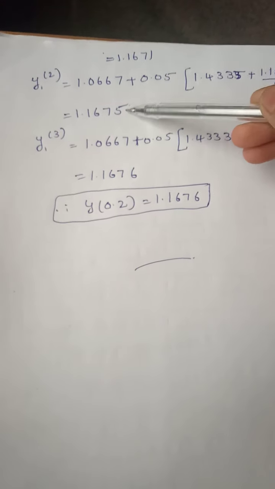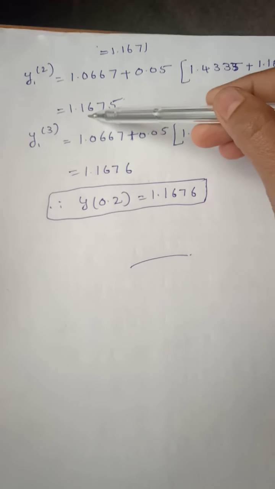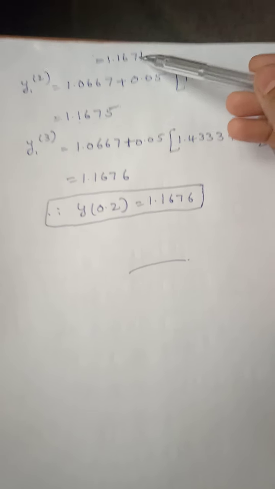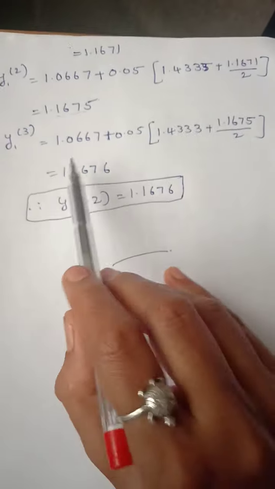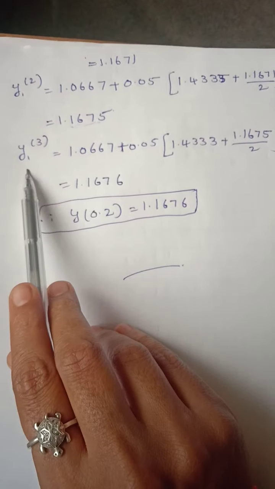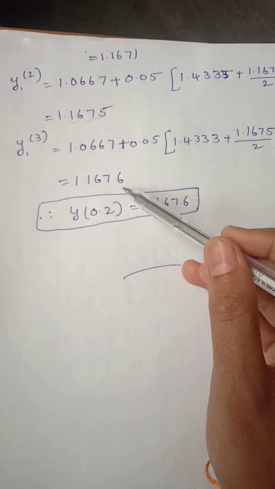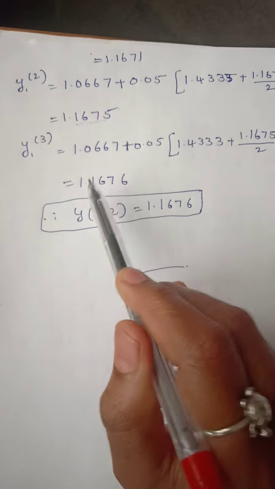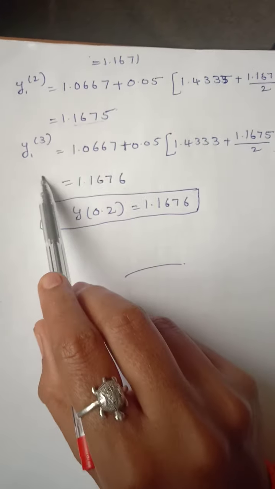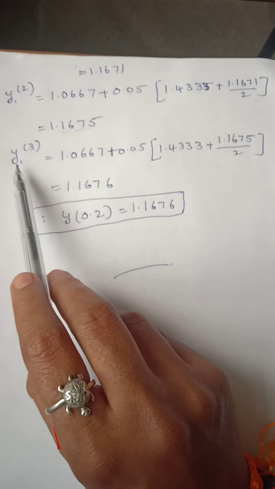If you compare with the previous value and the 4 decimal values are the same, we stop the iteration. In the examination, you have to do up to 3 iterations. You may get the same value or a different value, with at least 3 decimal values the same. So do up to the 3rd iteration in the examination.